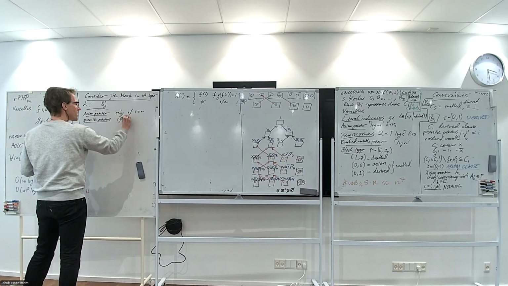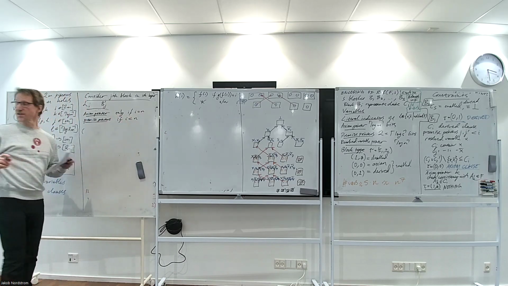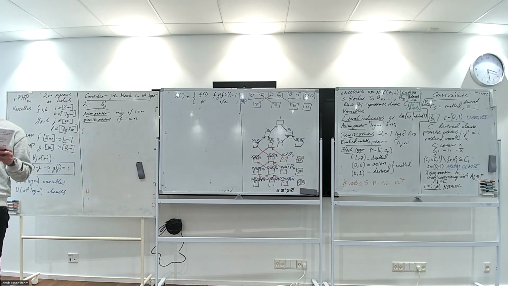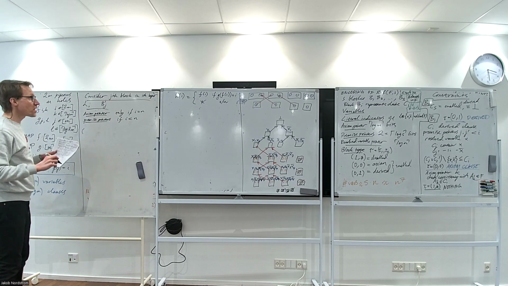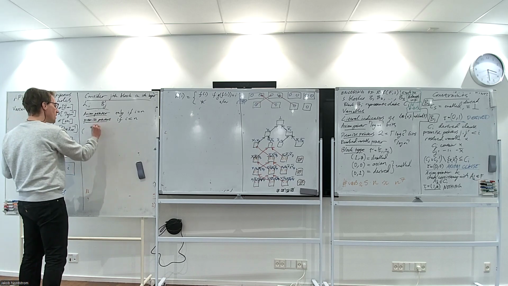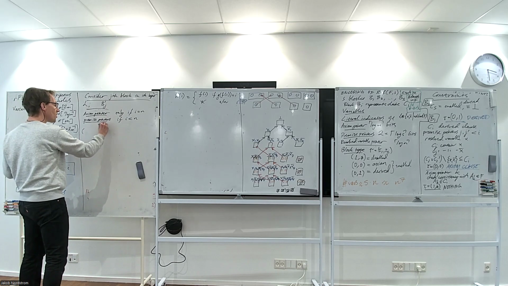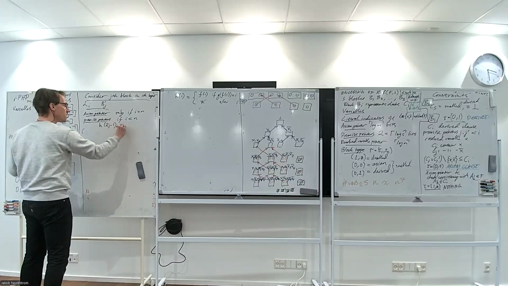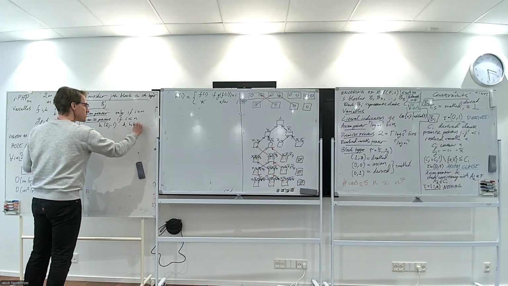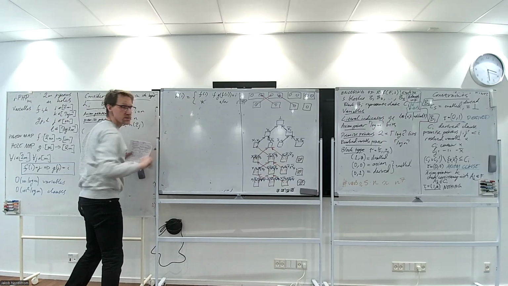I only need premise pointers if I is strictly less than n. And then what are my premise pointers? Well, let's agree that the premise pointers are h(2j-1) and h(2j), where h is this guy.